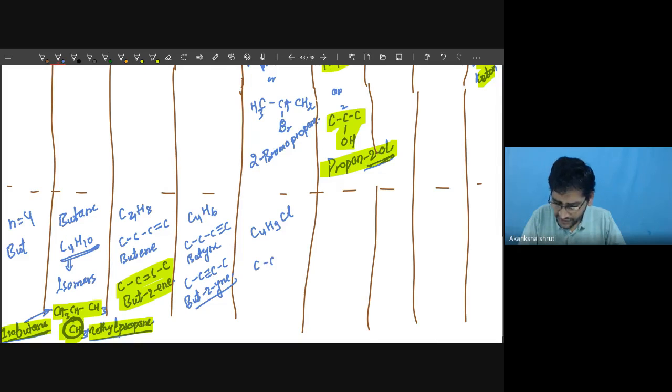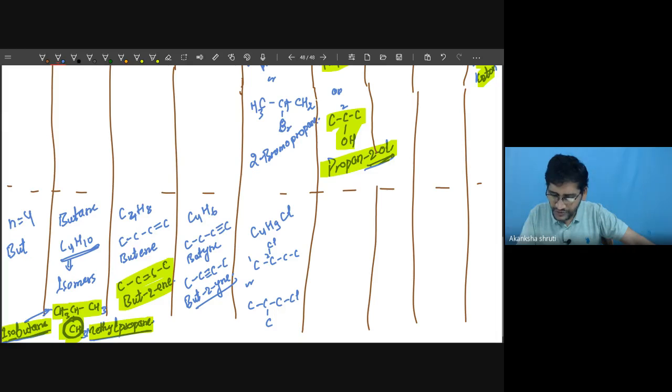Let me draw just one isomer. Now the chlorine may be present at this position, or the other C, this C itself is here, the chlorine is present here. So it means it should be 1, 2, 3, 4, with the chlorine at 2, the lower number.